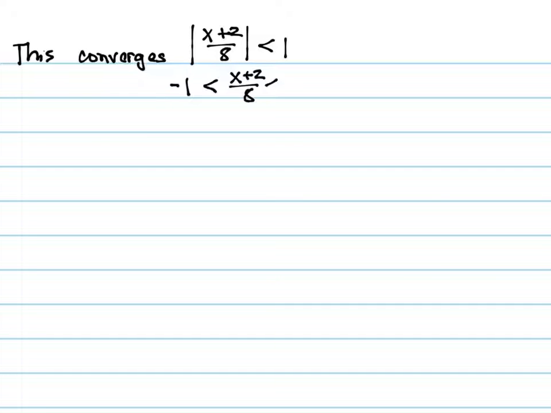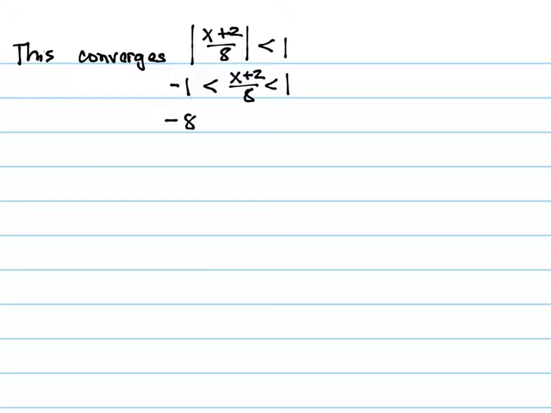This converges when that absolute value of x plus 2 over 8 is less than 1. And we're going to simplify that inequality, find our actual interval of convergence, which is something we talked about in a previous lesson. So this is -1 is less than x plus 2 over 8 is less than 1.